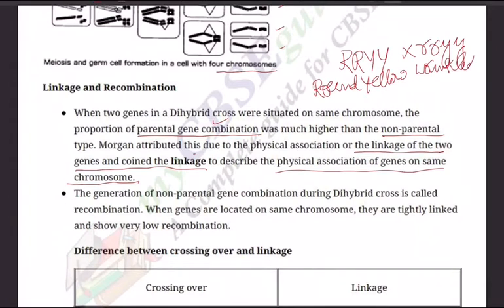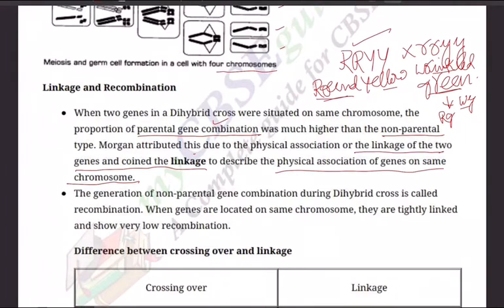This is the parental combination, wrinkled green. What is the new one? The new one is where this round will be there and this green will be there. So round green is the new one, and similarly wrinkled yellow, that's another new combination. So these are the two, and the numbers will be maximum for round yellow because of the linkage.